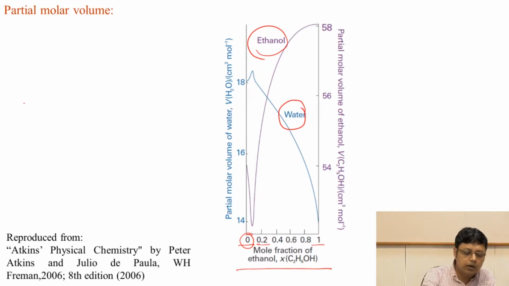Now the molar volume of water you can easily calculate. We denote the molar volume as V suffix m. Water at normal pressure and temperature has a density of 1 gram per cc.